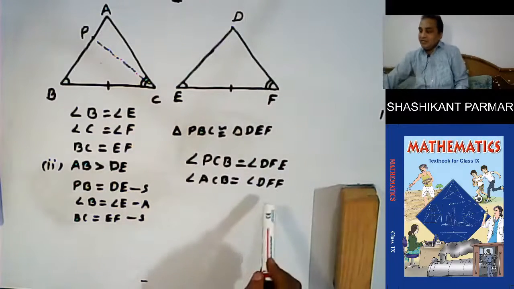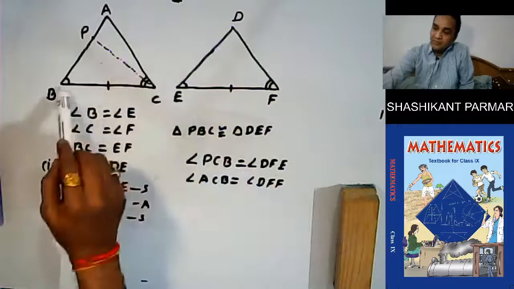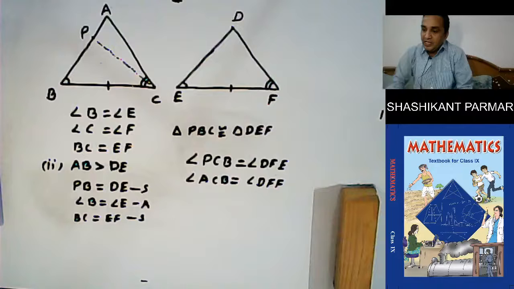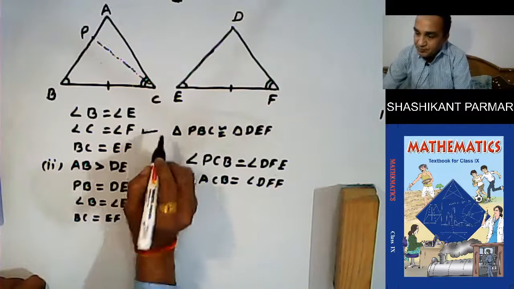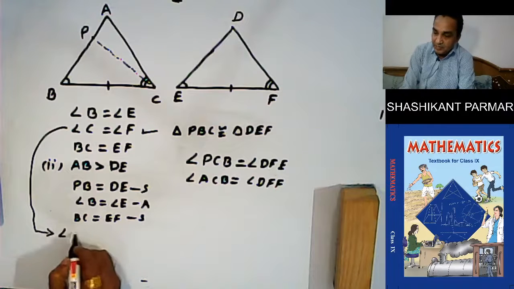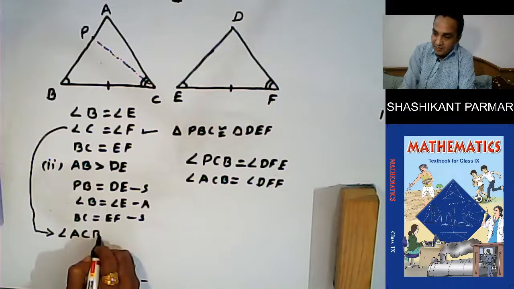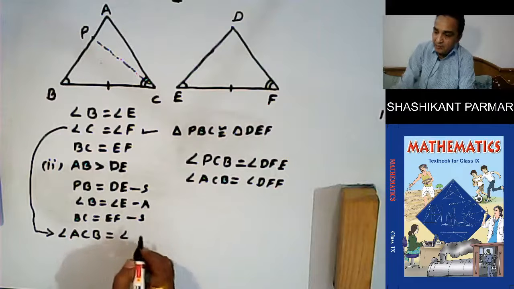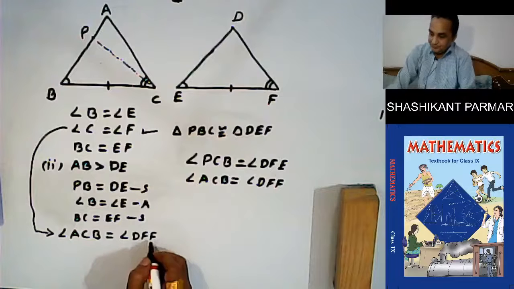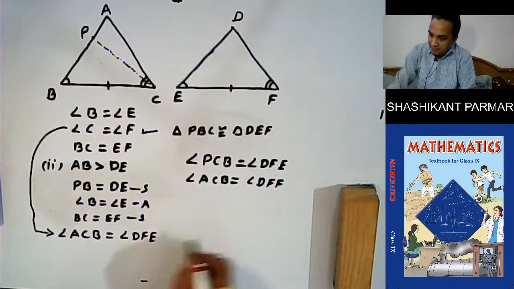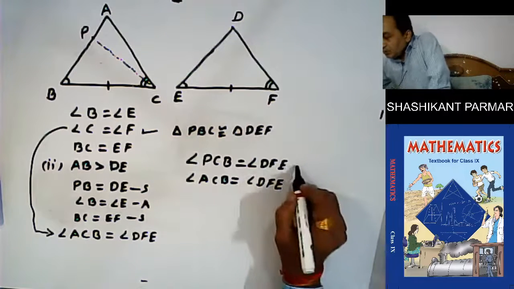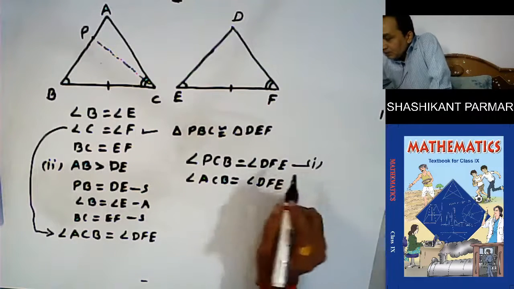But we have given that DFE is equal to ACB because C and F are equal, given here. We can write this in other words, angle ACB is equal to angle DFE. So this is the first result.